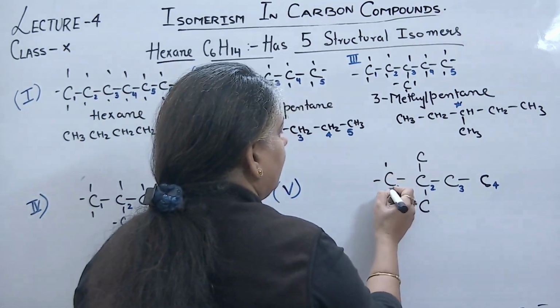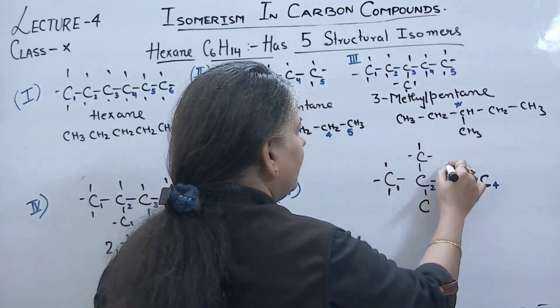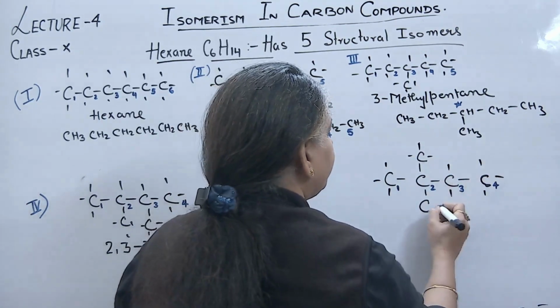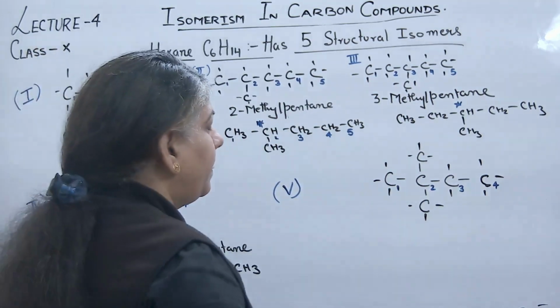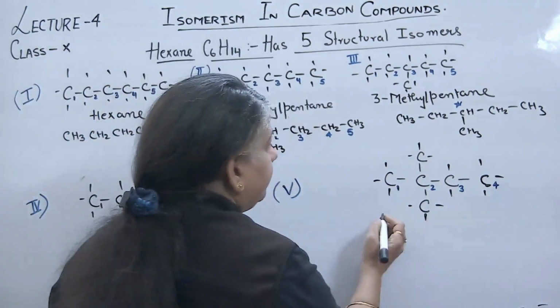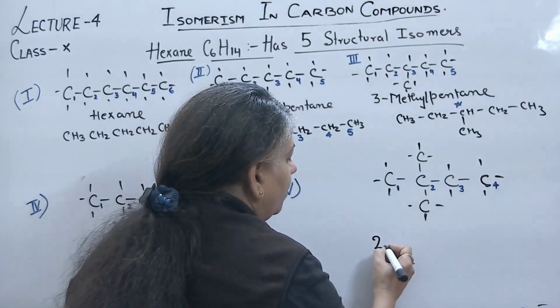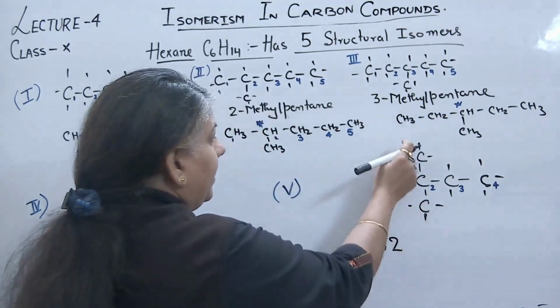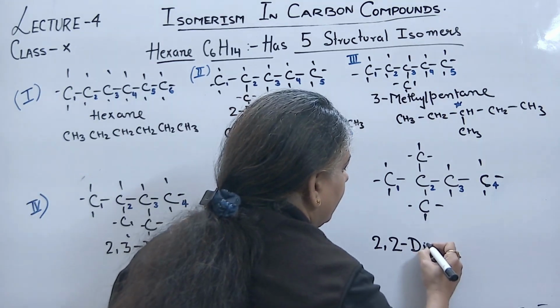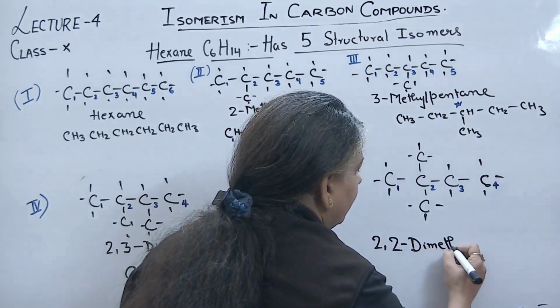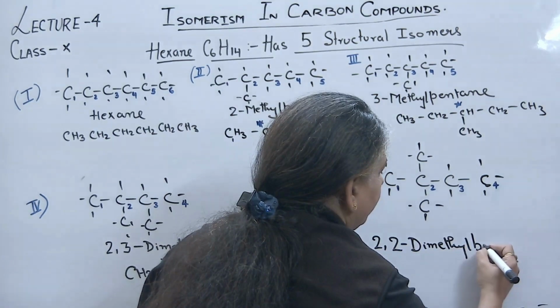See, put hydrogen atoms and now let's write the name. So it will be 2,2-dimethyl butane.